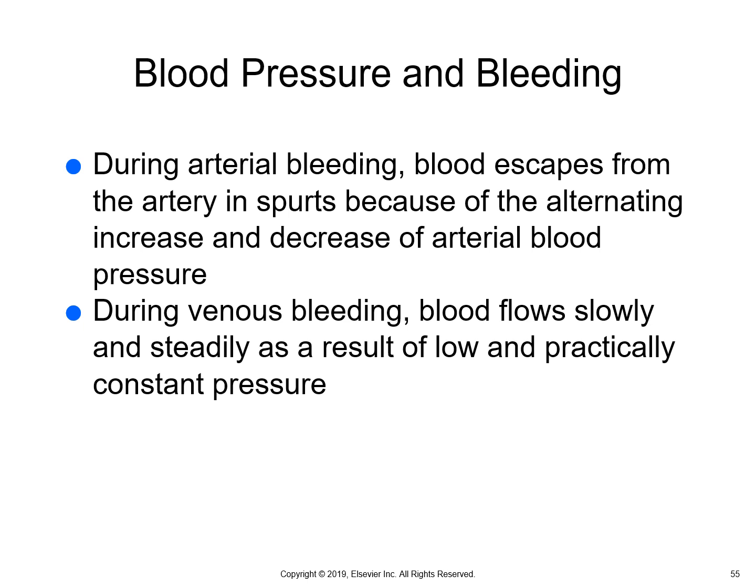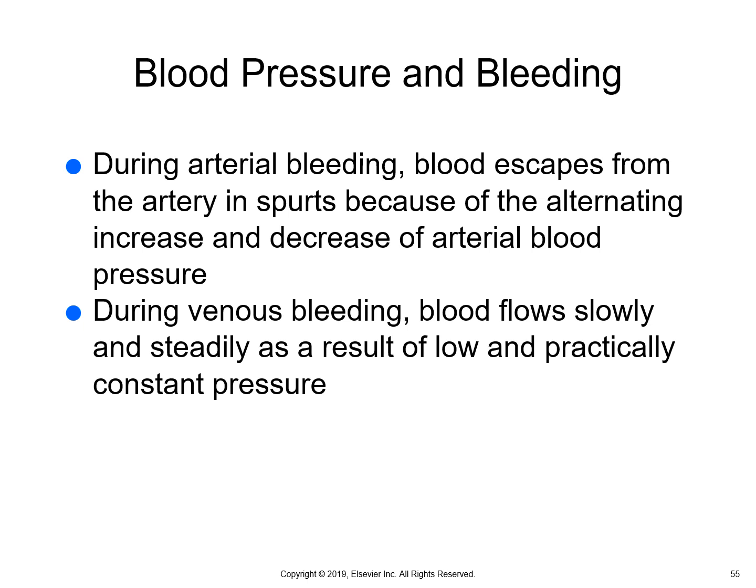So arterial bleeding is coming directly from the heart. It's under very high pressure since the heart is contracting and relaxing in that rhythmic manner. That blood pressure is going to fluctuate and it leads to a spurting of blood from that injured artery.